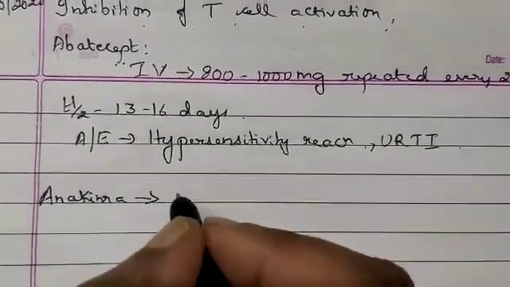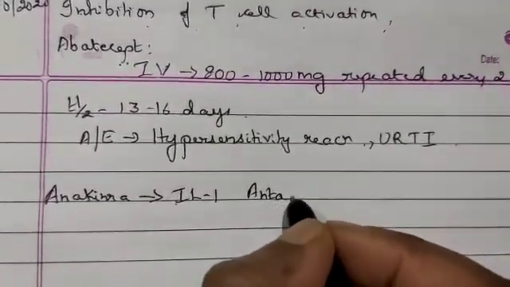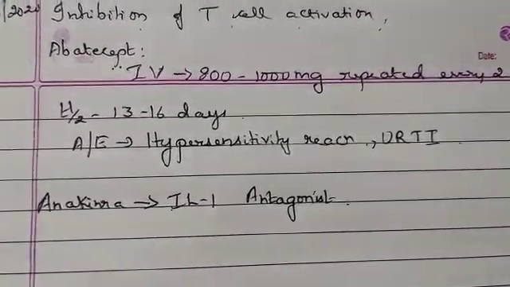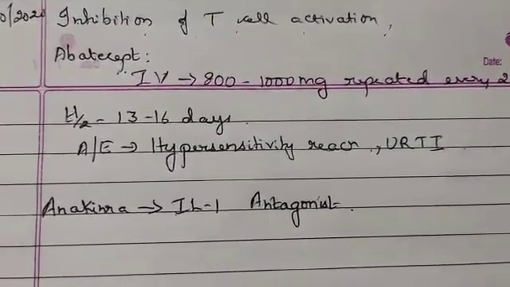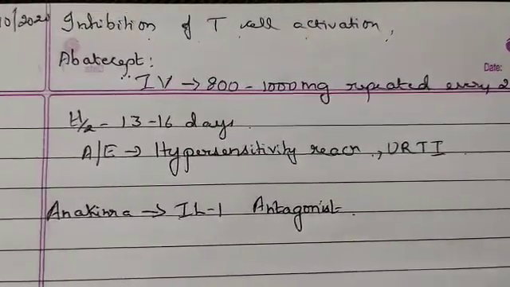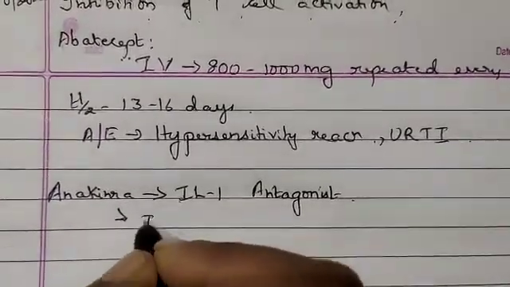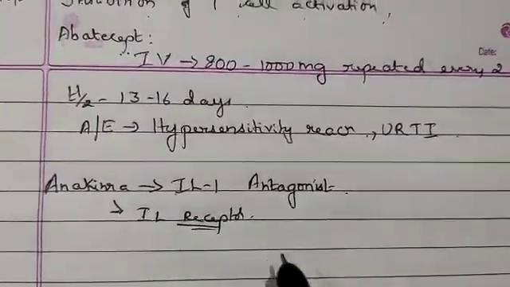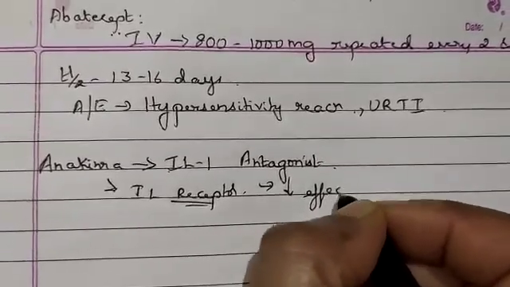The next drug, in the next class, is Anakinra. This Anakinra is an interleukin 1 antagonist. IL stands for interleukin. When you give this drug, it binds to the interleukin receptor and decreases the effect of interleukin.